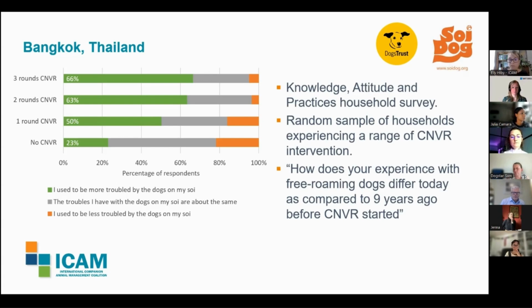So the more CMVR rounds the neighbourhood had received, the more likely the resident was to say the problems had diminished, whilst people living in areas that had not yet received CMVR were equally likely to say the problems were greater today, as they were to say there were fewer.